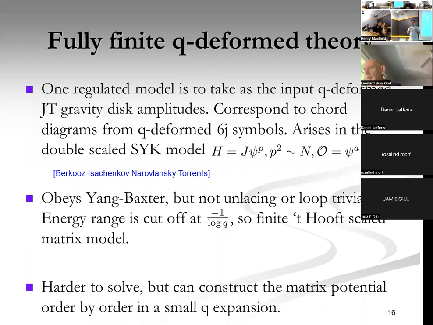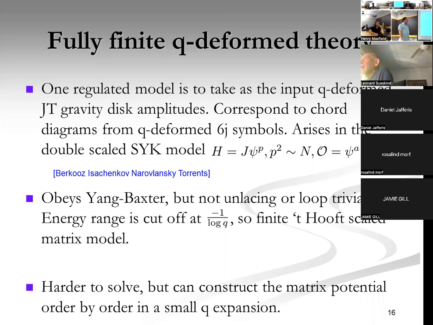But the Q-deformed 6J symbol doesn't obey an unlacing. So I do it twice, I don't get back to itself. It's smaller, kind of. And so the different orders are just different. There's no constraint on the matrices, it's just some model. And that makes it harder to solve because the diagrams don't unlace to the same functions of energy that you started with.